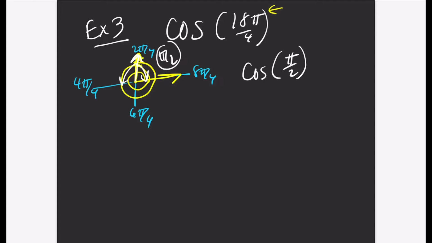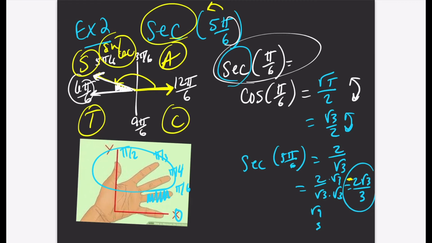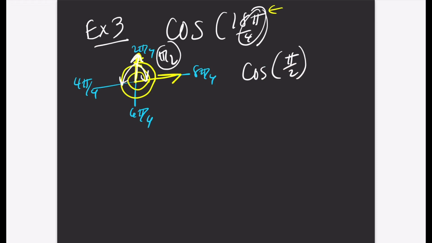I don't know if you noticed, but on example 1 and 2, you would have mostly thought to use pi over 4 as a reference angle, but in this case, it's actually pi over 2. So keep that in mind. Sometimes it'll be the same one that you have in the problem, like for example 1 and 2. But on some problems, that won't be the case. So make sure you find the reference angle for every single problem.